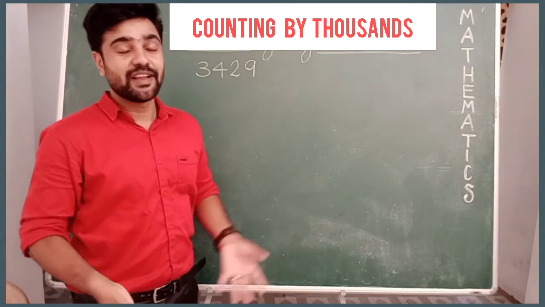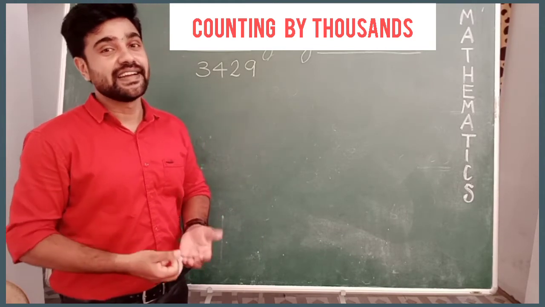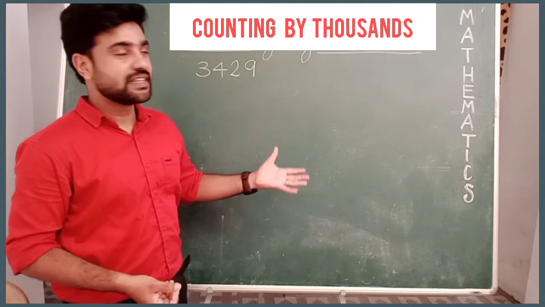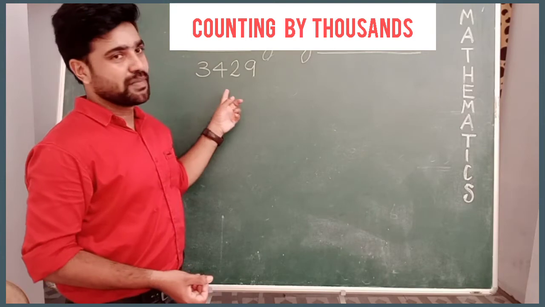Similar to the calculations we did in the case of tens and hundreds, here we have to find out the next numbers counting by thousands to the given number.